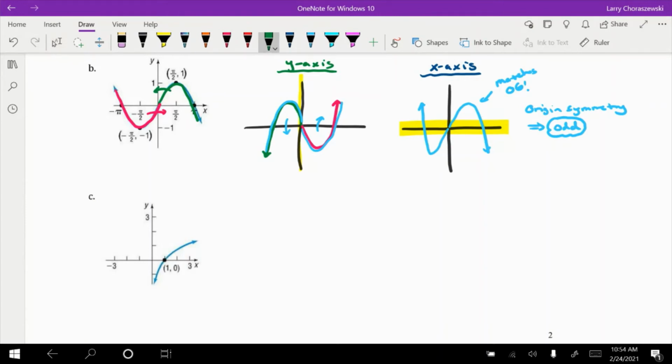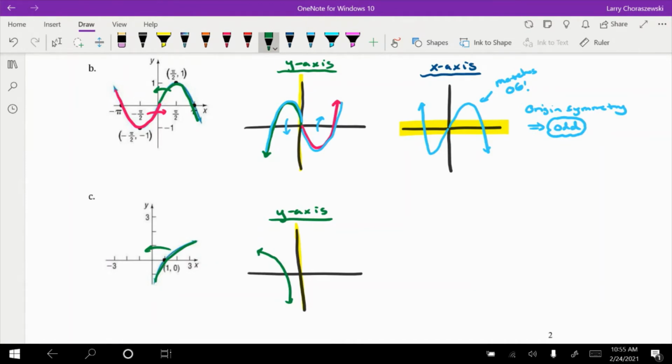All right, I'm going to sketch my reflections out. Let me know if you have any questions along the way. Y-axis reflection does not indicate that this function is even.